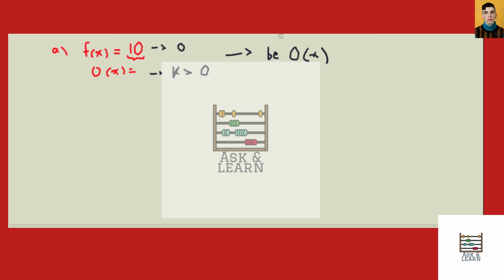Okay, for the second part, part B, we have a function f of x is equal to 3x plus 7. One important thing to know with big O is that whenever you have a term, you only have to consider the most significant term. So we can disregard that 7 entirely.